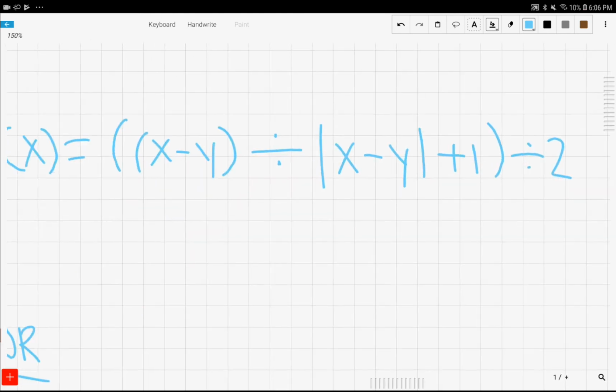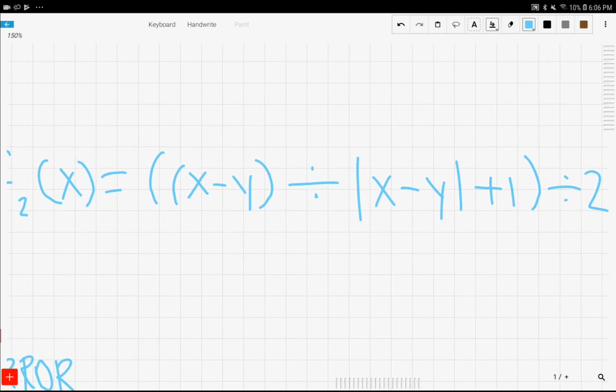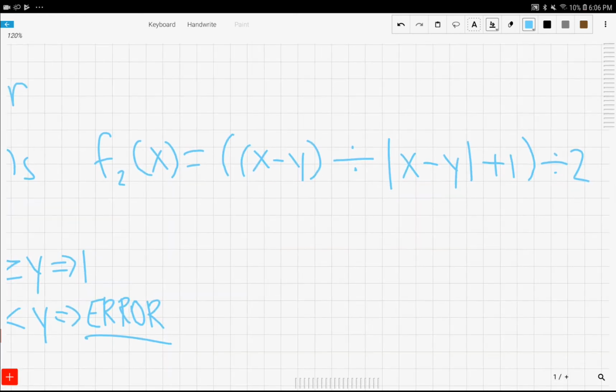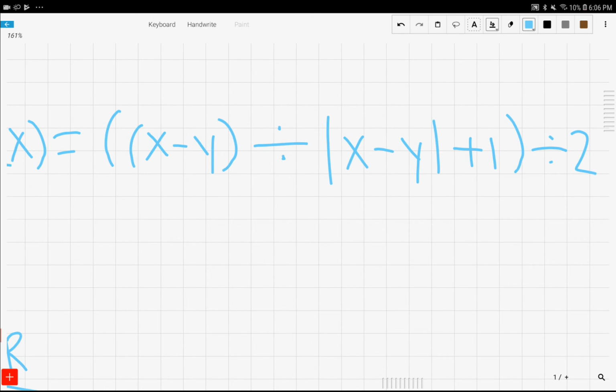And this function, it seems really complicated, but it's not that complicated once you get how it works. And you can pause the video and look at this function and get why this works. And if x is greater than y, then you'll get 1.